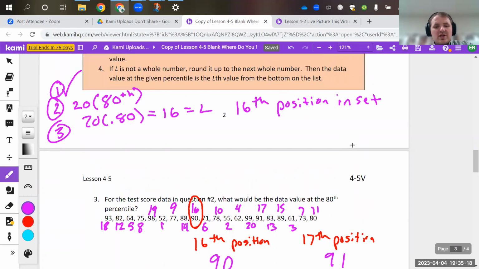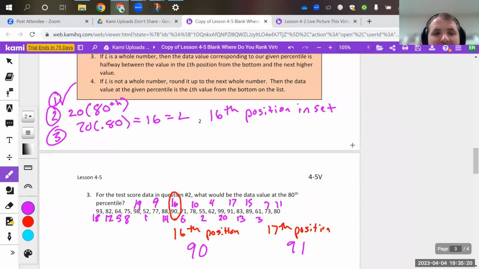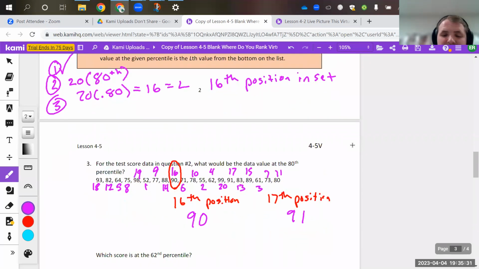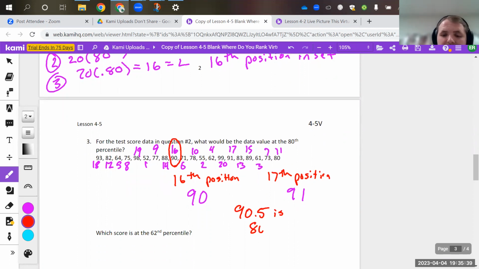If I'm following the instructions up there, it says if L is a whole number, then the data value corresponding to our given percentile is halfway between the value of the Lth position from the bottom and the next higher value. So the 80th percentile is halfway in between these. So 90.5 is the 80th percentile.